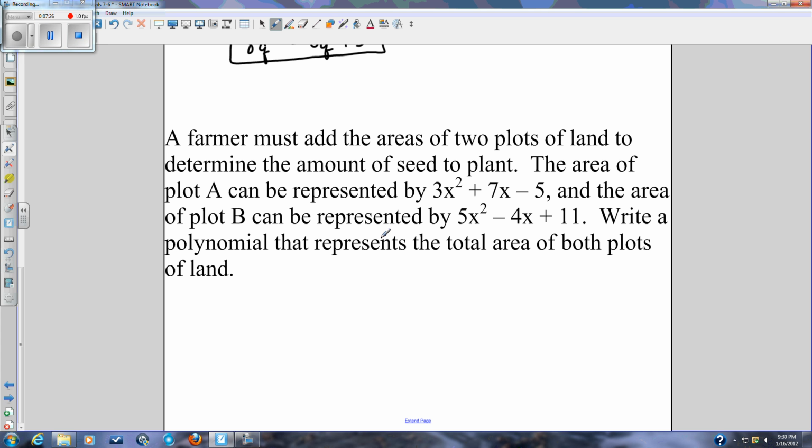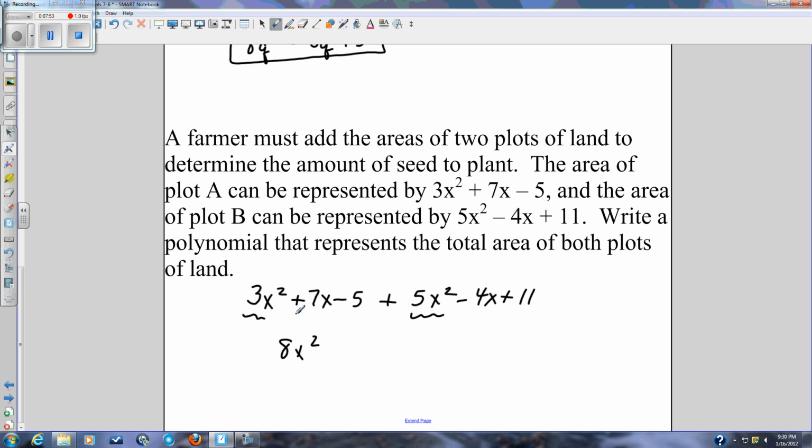All right, so the first polynomial is 3x squared plus 7x minus 5. And we want the total area of both plots, so we're going to add to it the second polynomial, 5x squared minus 4x plus 11. So add together the like terms, so we have 3x squared plus 5x squared, and we get 8x squared.